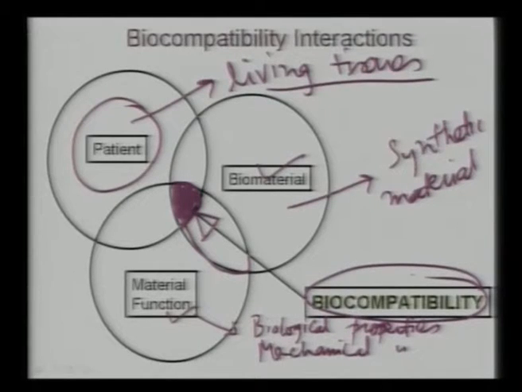A biomaterial should have a suitable composition, and a suitable or desired material function, in terms of biological properties and mechanical properties, and that should match with the specific tissues or organs where you are implanting this biomaterial into the human patient. You understand? So that common subset of these three will be reflected in the biocompatibility property.